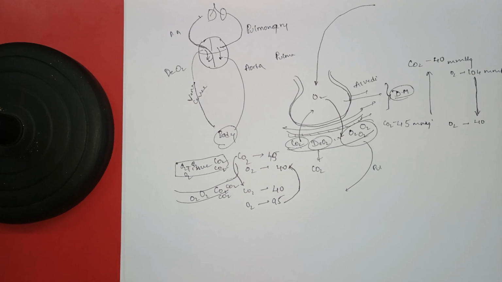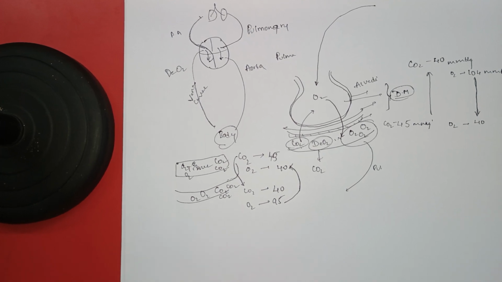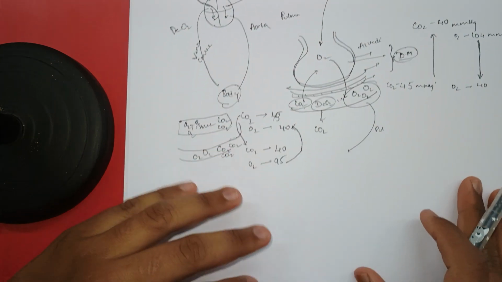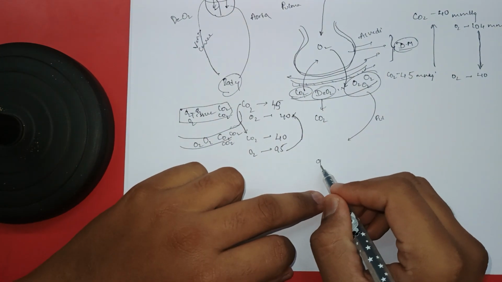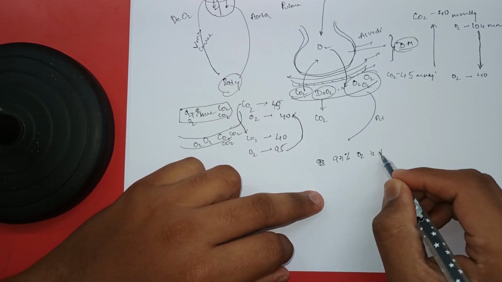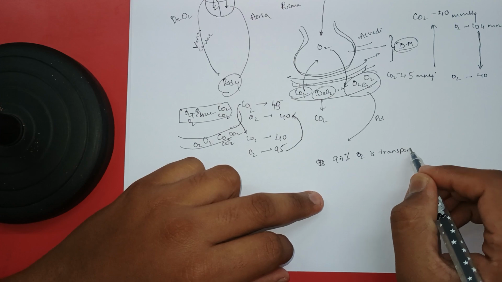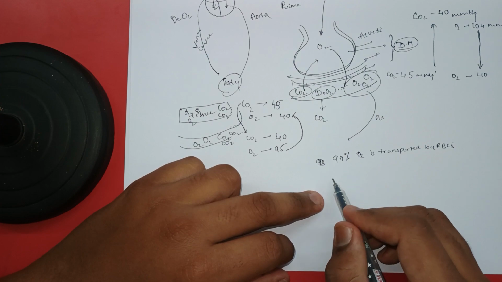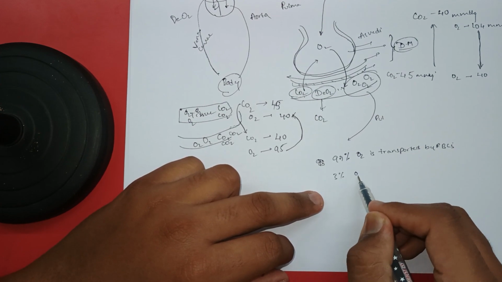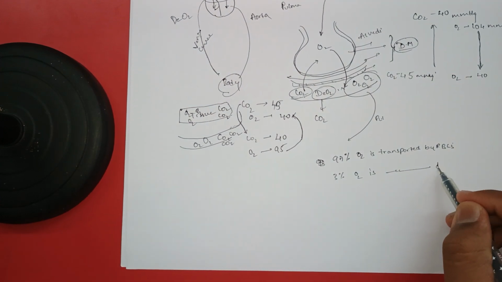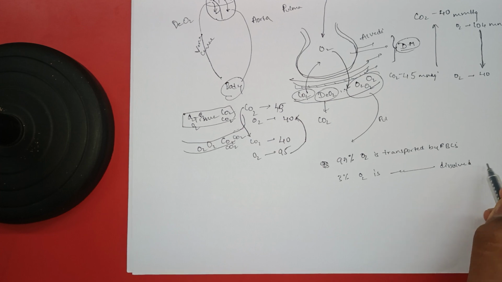After that, now comes the main topic, the transport of gases. How are these gases transported? About 97% of the oxygen is transported by RBCs, and the remaining 3% is transported in the dissolved state through the plasma.